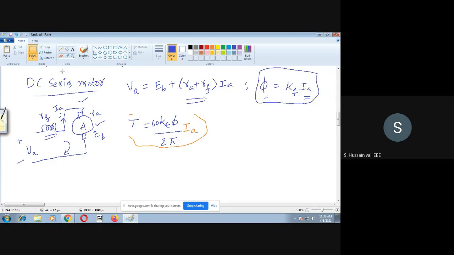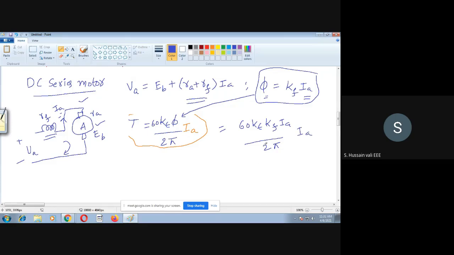Now phi depends upon Ia, so I will write phi in this equation: 60 into Kt into Kf into Ia by 2 pi into Ia.